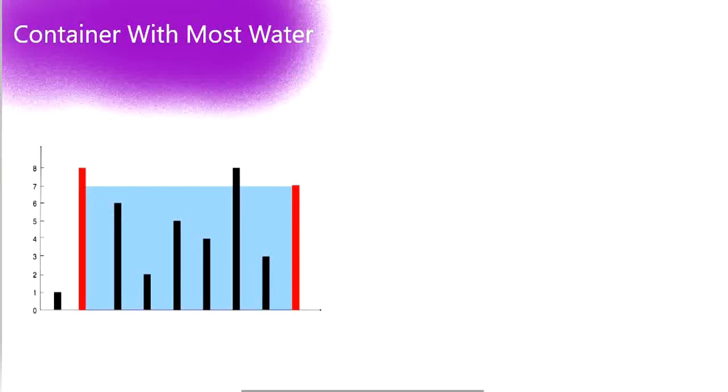So here is our given example. Let's see how many containers we can form out of this graph. So here if you see, from this point you can form one container and another can be this, or you can even form here a small container, and finally our bigger container is here.